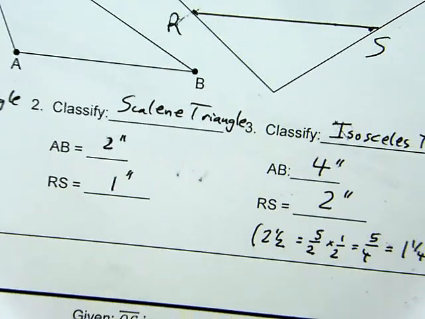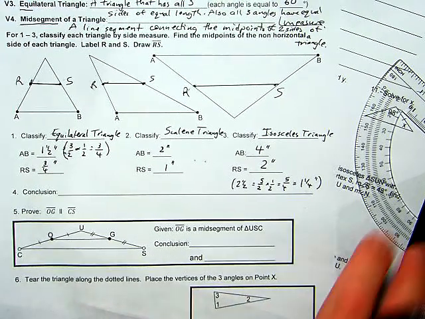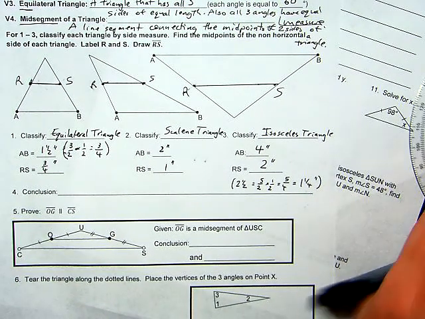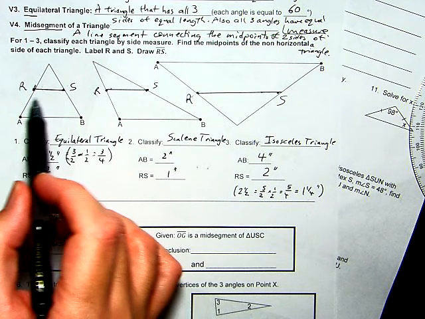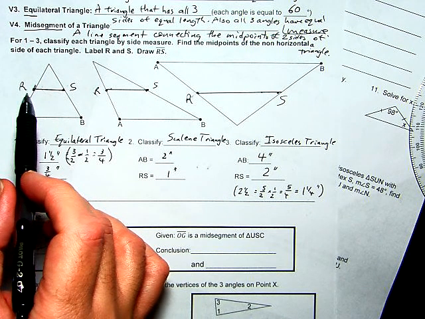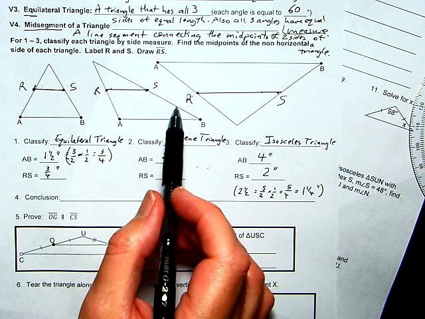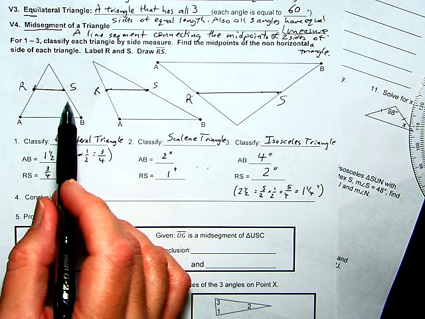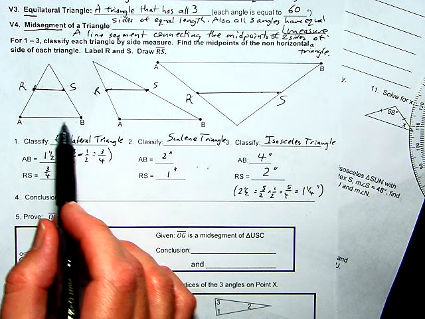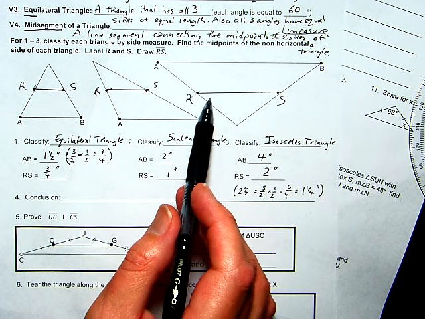So in all cases, we found that the mid-segment of the triangle is exactly half the length of the third side. The two sides of the triangle we used to find the midpoints and to connect RS, and the third side that we didn't use to connect the midpoints, in all cases is double the size of the mid-segment length.